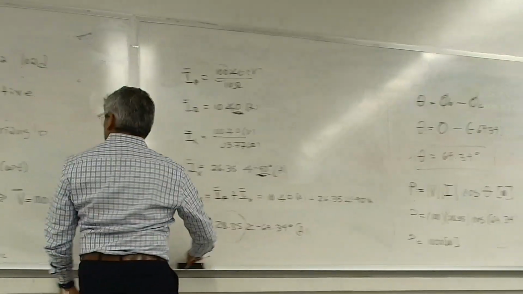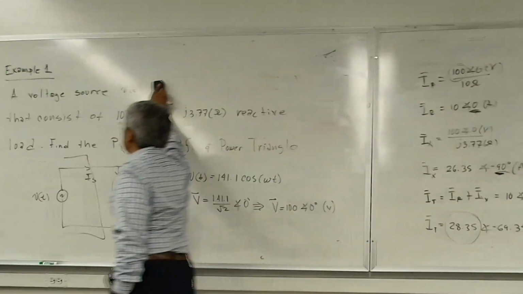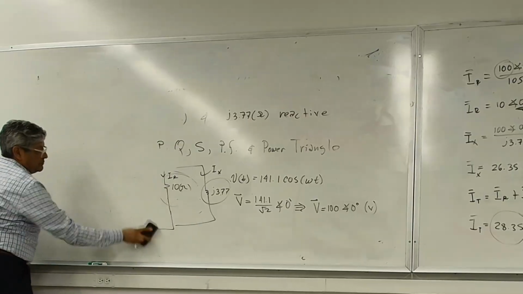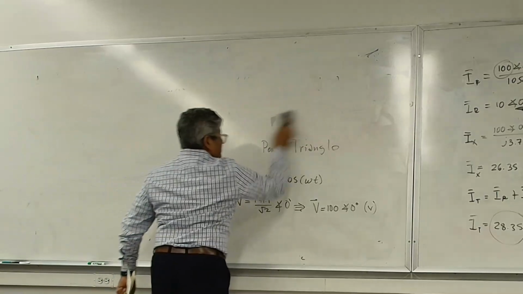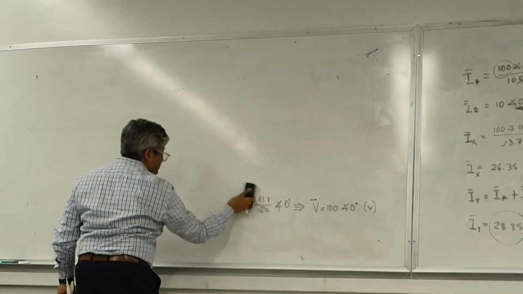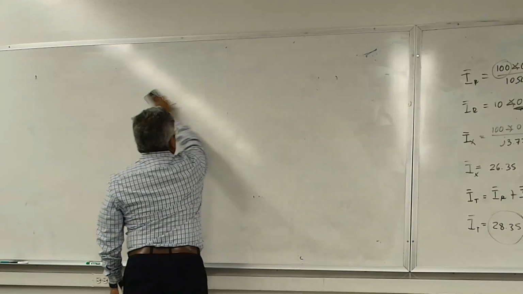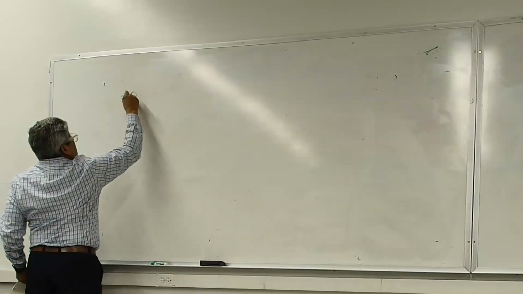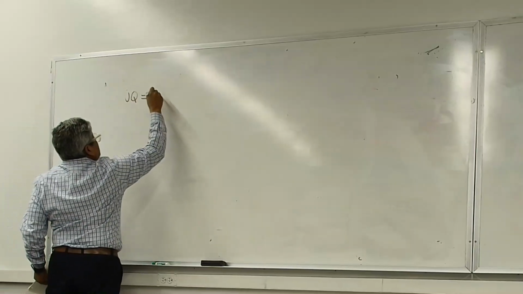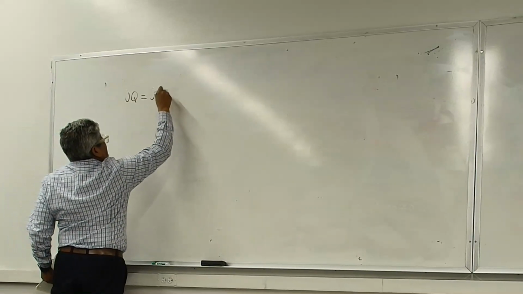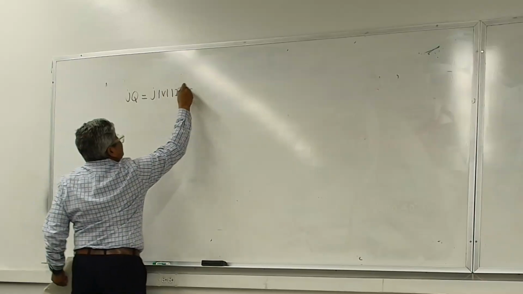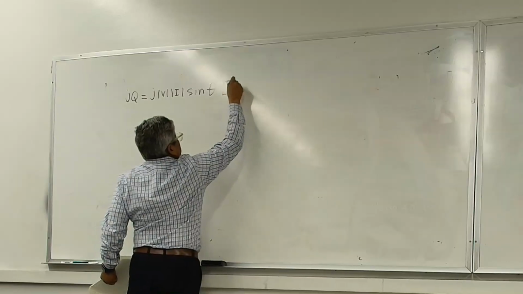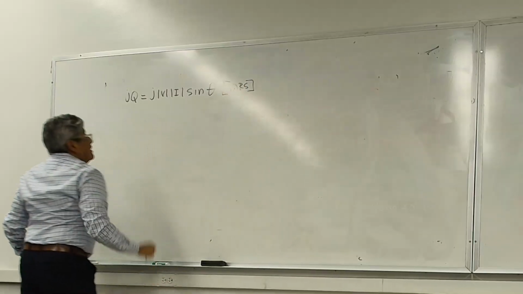What about the next thing, which is the imaginary power? I know the voltage magnitude, I know the current magnitude, and I know the angle. So the formula is jQ equal to j times V magnitude times I magnitude times sine of theta. This is in vars.